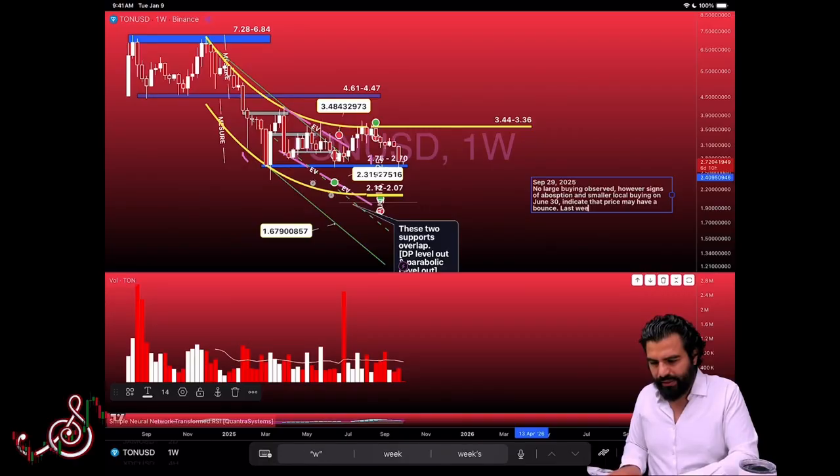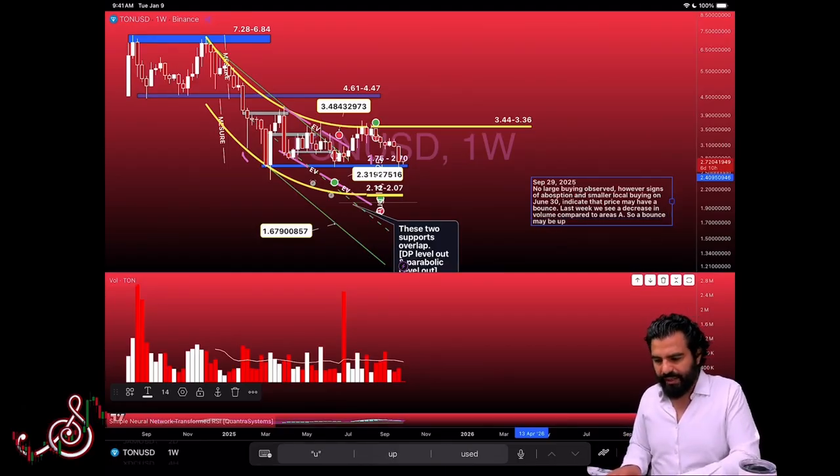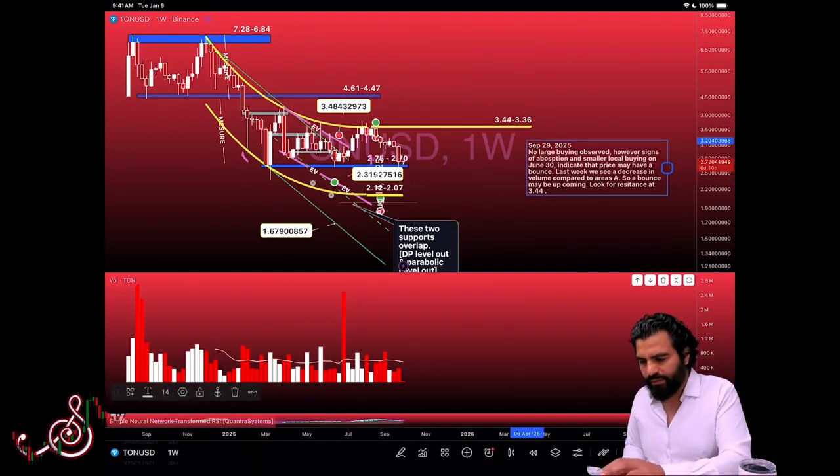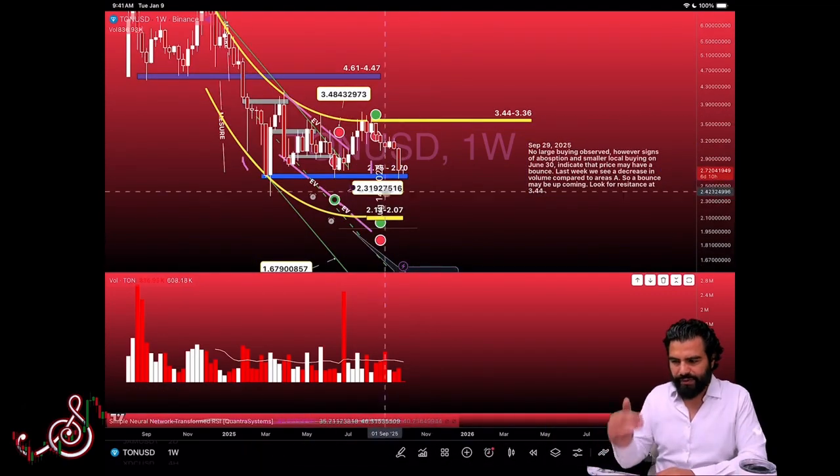Last week we see a decrease in volume compared to areas A. So a bounce may be upcoming. Look for resistance at 344. So we may get that bounce back up to those areas.